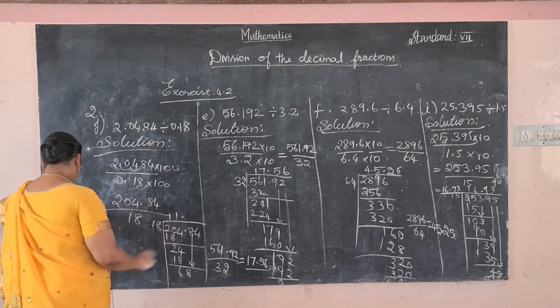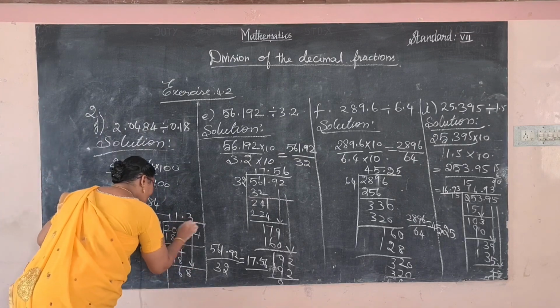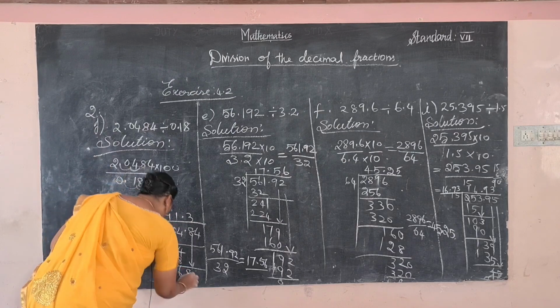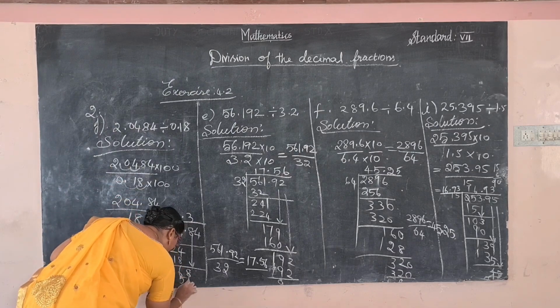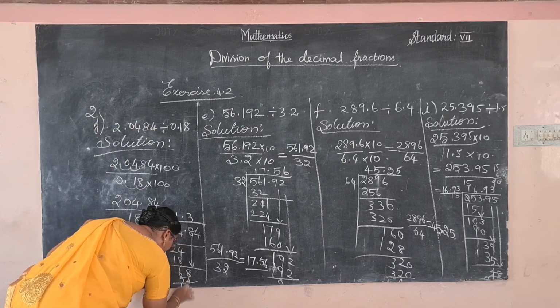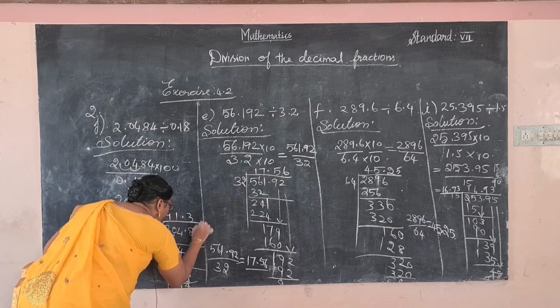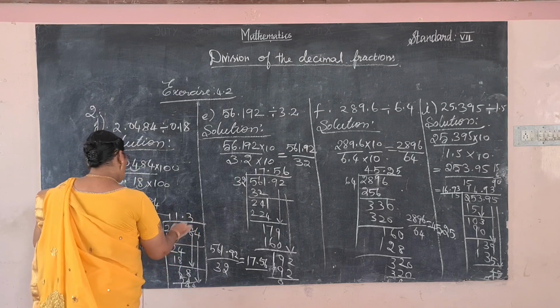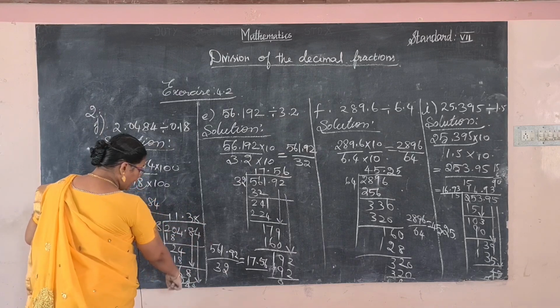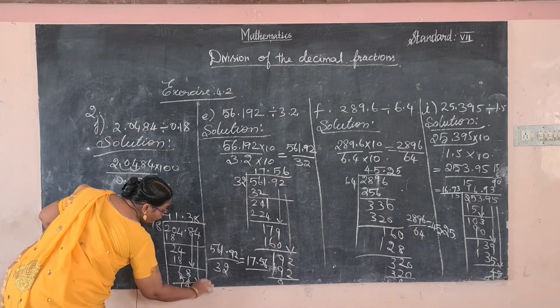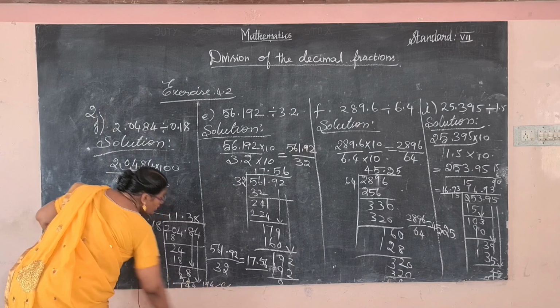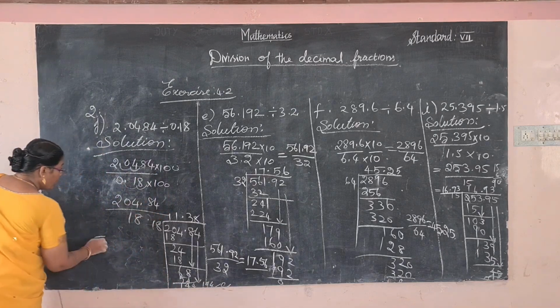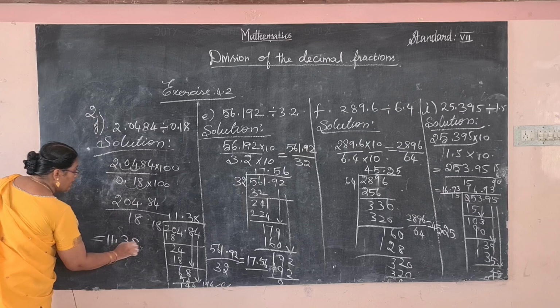How many times of 18? 3 times. 3 18s are 54. The remainder is 14. Now bring down the 4, 104. 18 eights are 144. The remainder will be 0. So the answer for this problem is 11.38.